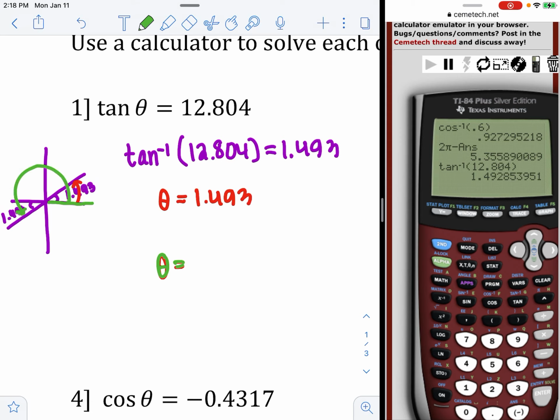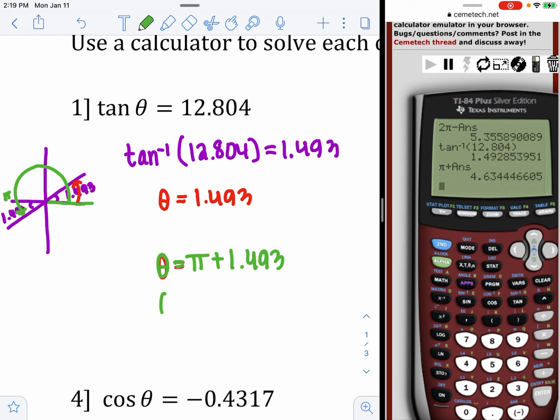So how am I going to get that angle? Well, some people will say, oh, it's 180. Remember, we're in radians. So it's pi, because that's pi. So it's pi plus 1.493 more. So pi plus that last answer we just got there. So I'm just going to do second answer, hit enter.